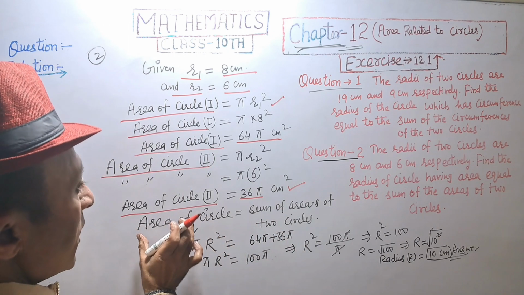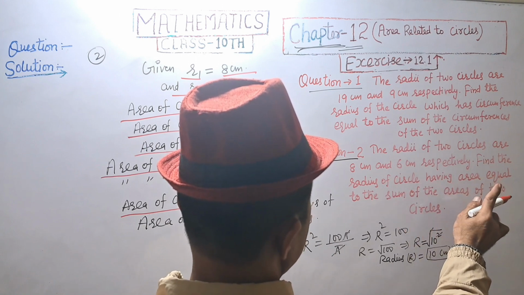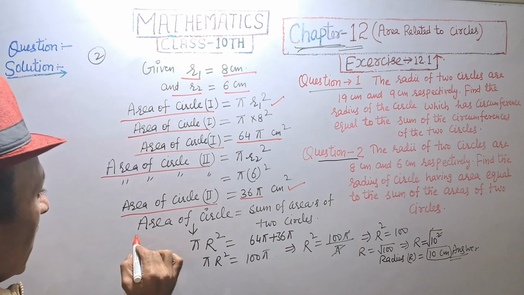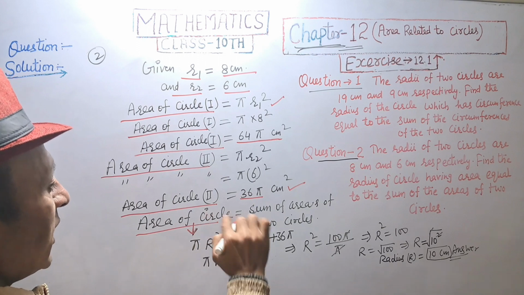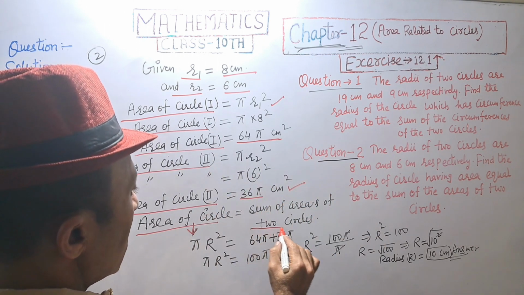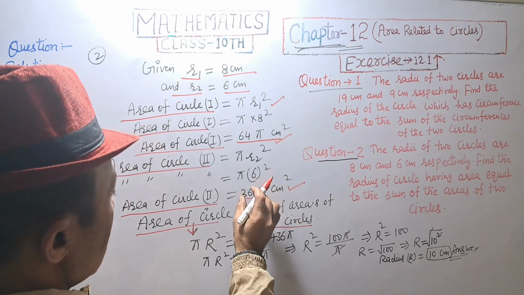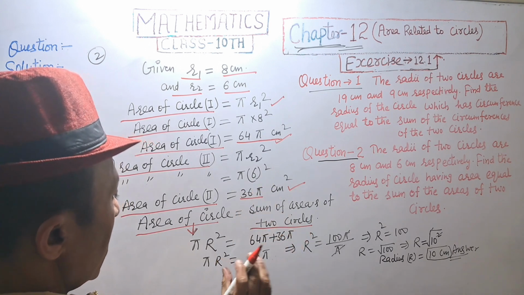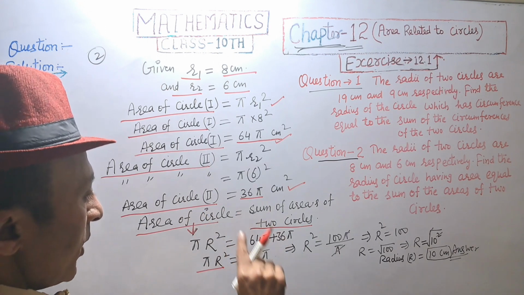Find the radius of the circle having area equal to the sum of the areas of the two circles. Area of circle, that is pi r square, is equal to the sum of areas of the two circles, 64 pi plus 36 pi, which is 100 pi.